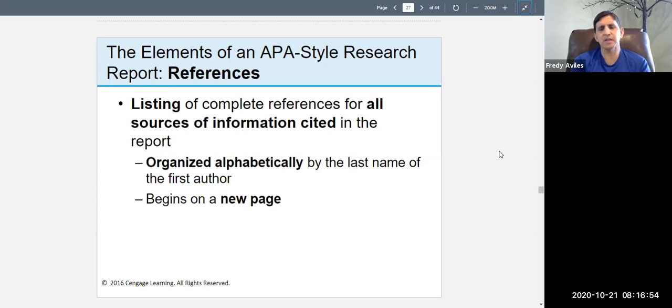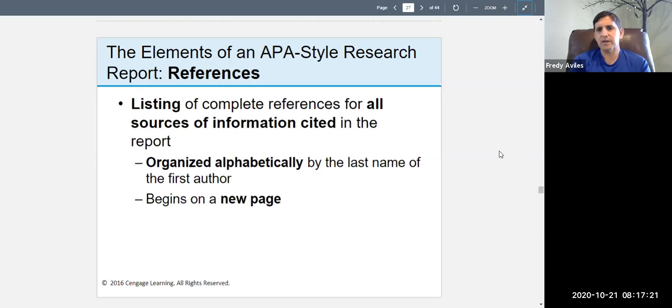Maybe you mentioned that part of the survey included the self-esteem scale by so-and-so. All the people that you cited previously should be in the references. The references are the complete listing, where you have the author's name, the year, the title, the publishing information. You need all the sources there.